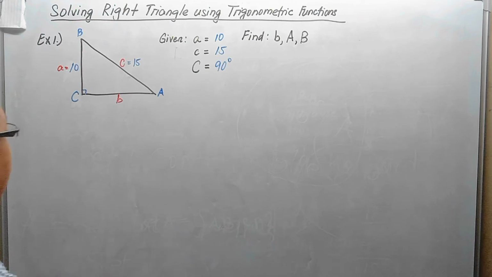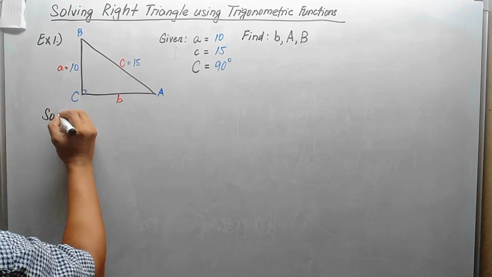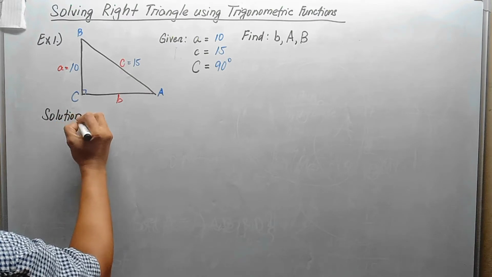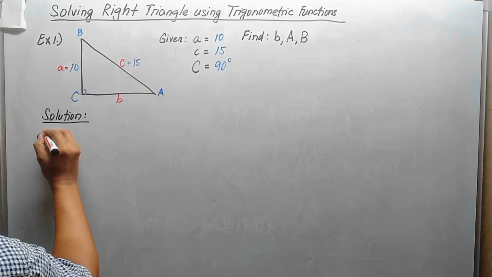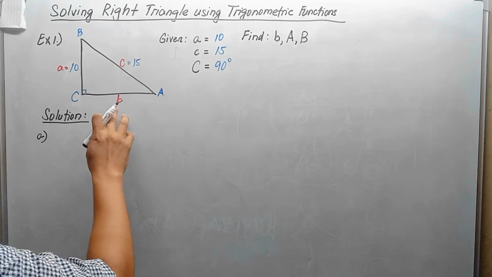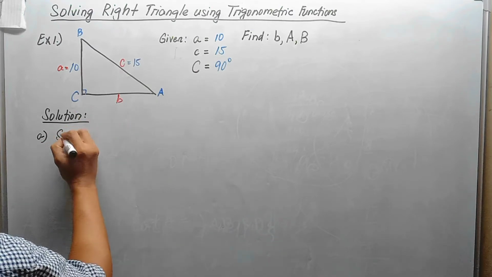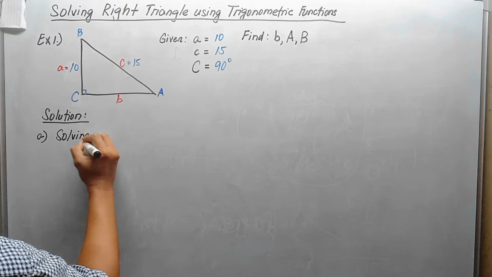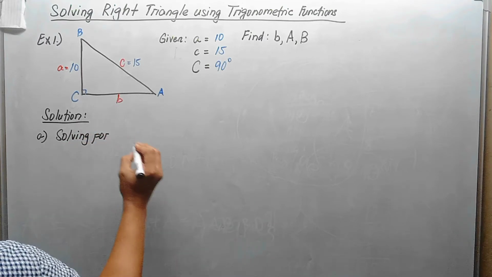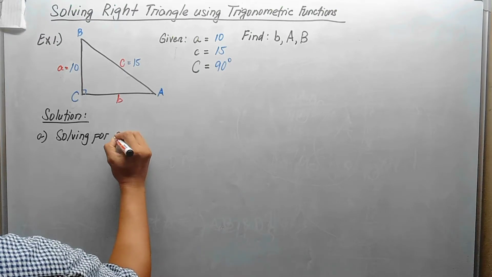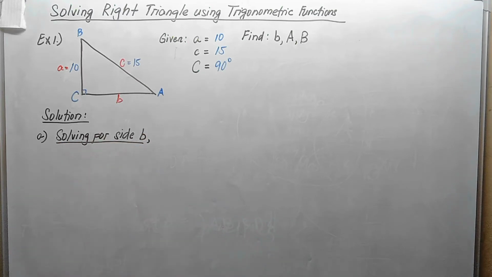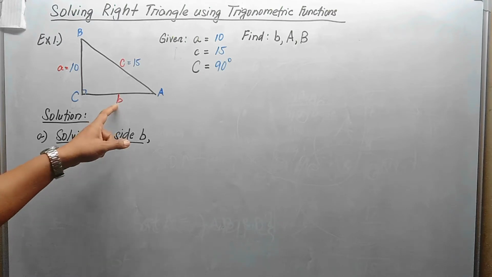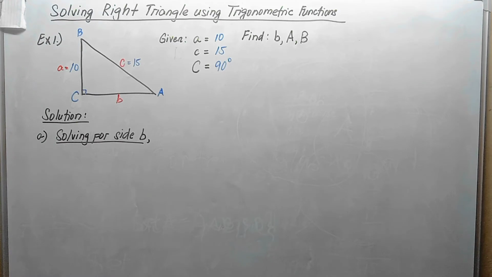Okay? So solution, guys. Solving for the third side of B. Since it is a right triangle, we can easily calculate the third side by applying the Pythagorean theorem.